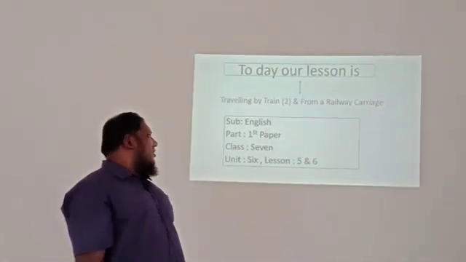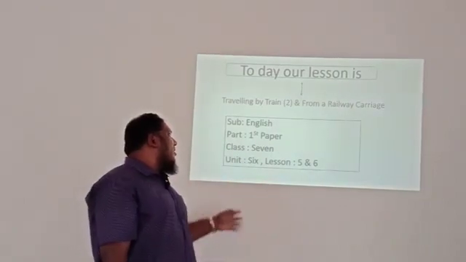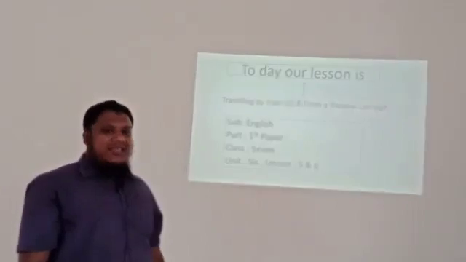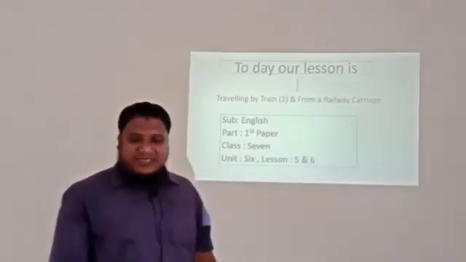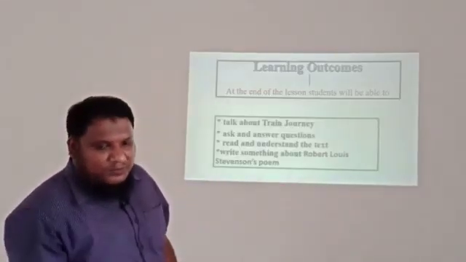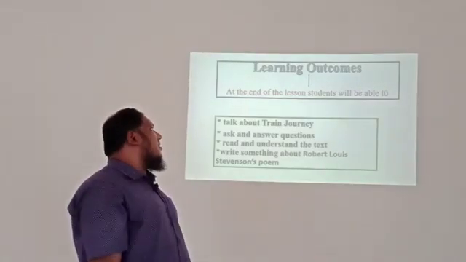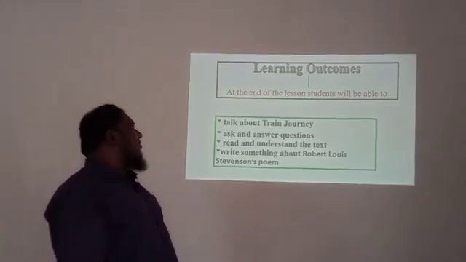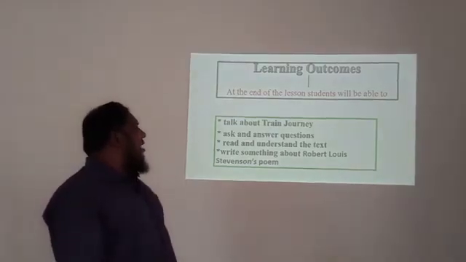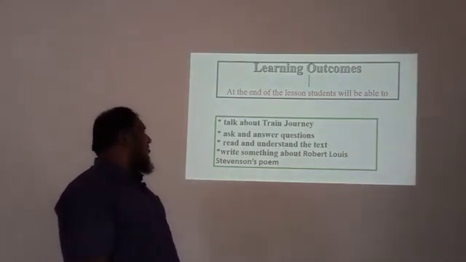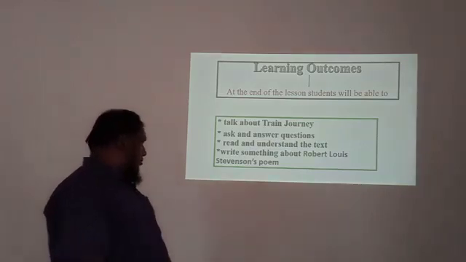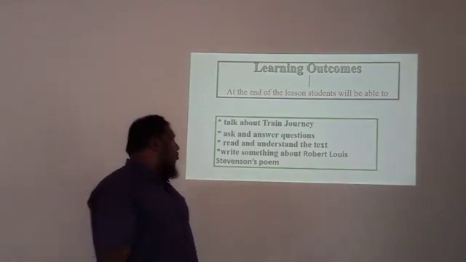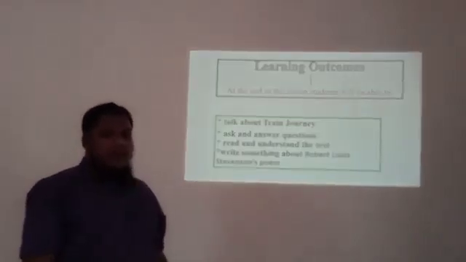You will find the lesson in the book English First Paper, class 7, unit 6, lesson 5 or 6. Now, after finishing the lesson, I guess the learners will be able to talk about a train journey, ask and answer questions, read and understand the text, and write something about Robert Louis Stevenson's poem.